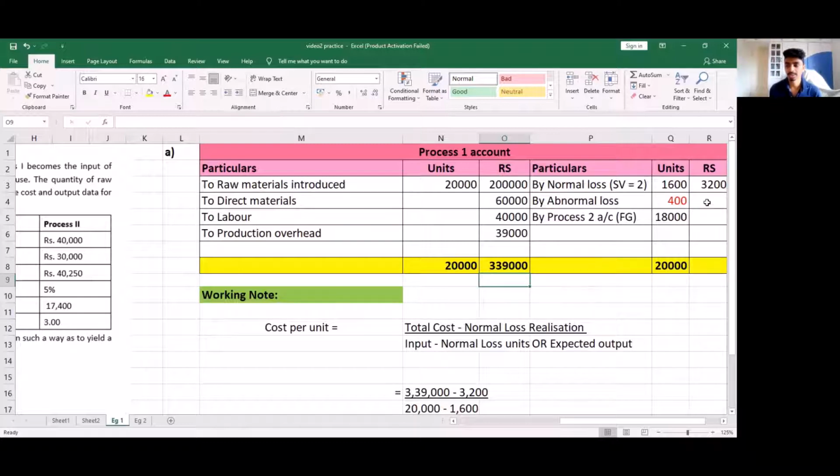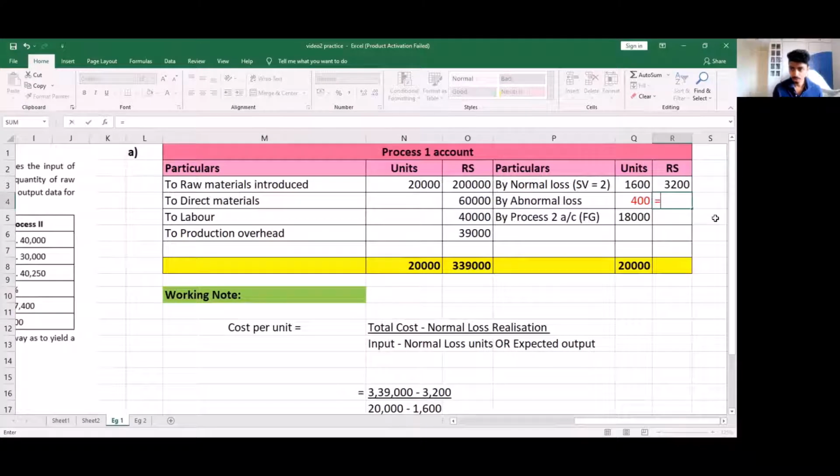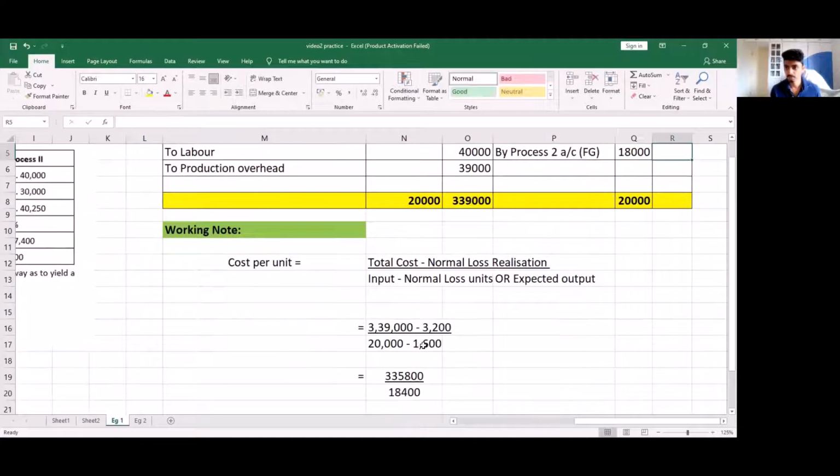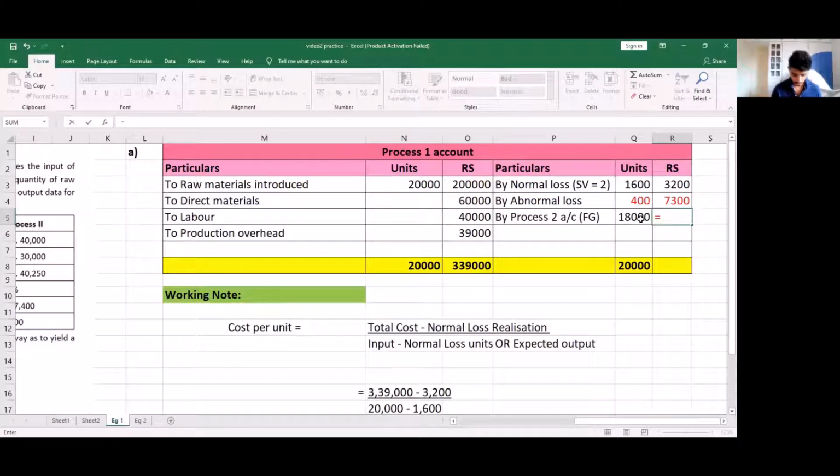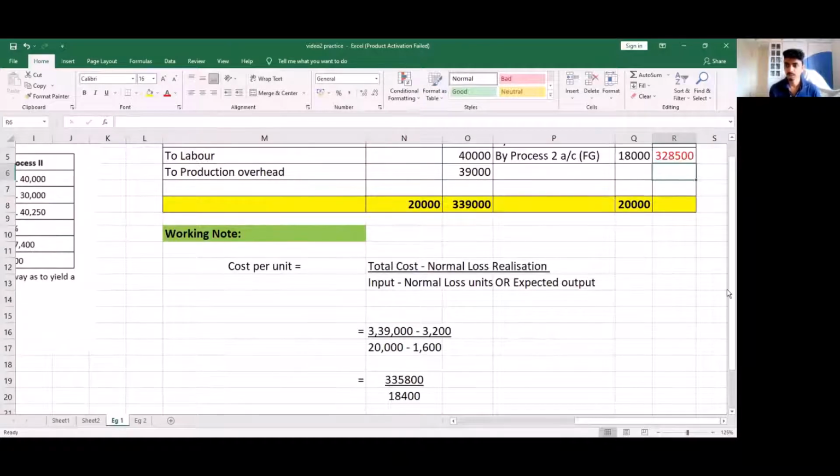So we now know the values, and we know the units, 18,000. Our amount is going to be 400 into 18.25. And for our finished goods, the amount is going to be 18,000 into 18.25. Now this gives us the value of finished goods.